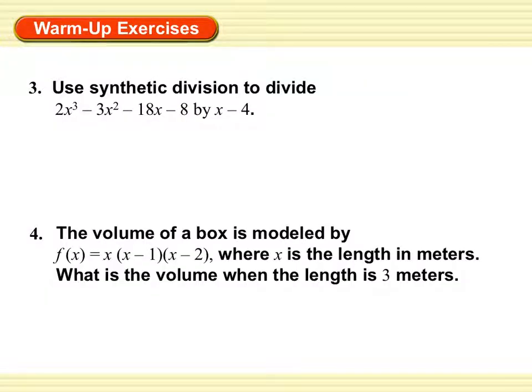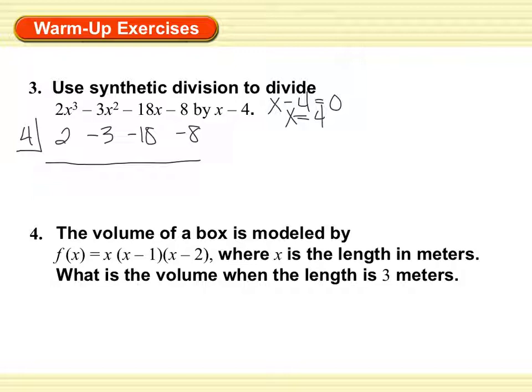Use synthetic division to divide. So I'm going to divide by x equals 4. I don't know if I have enough room to do this here. All my coefficients. Drop the first one down, so I multiply and add, multiply and add, multiply and add.